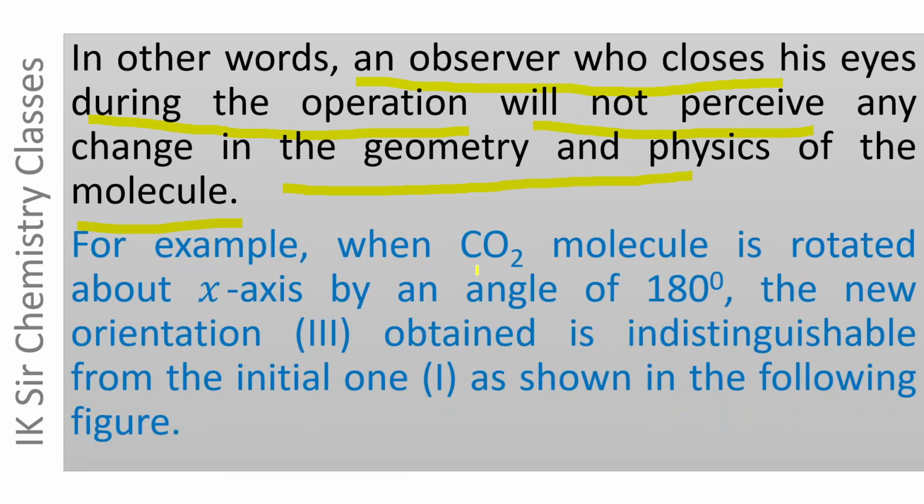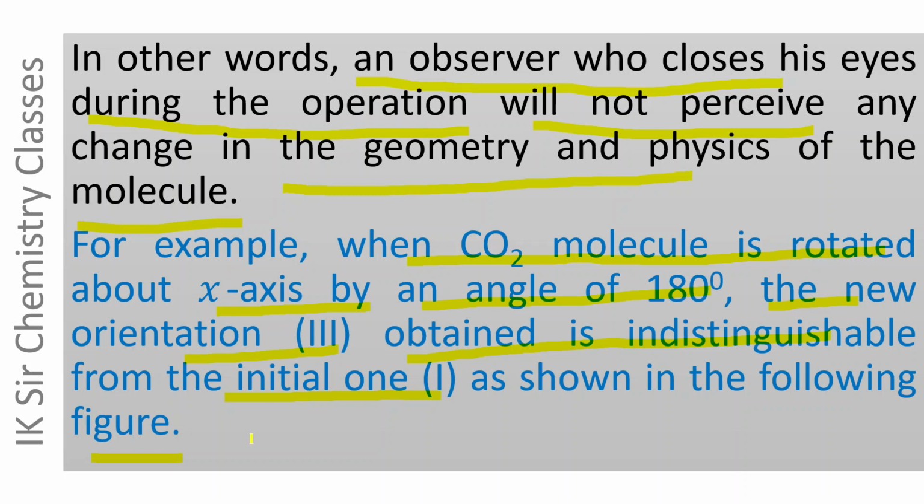For example, when CO2 molecule is rotated about x-axis by an angle 180 degree, the new orientation, that is 3, obtained in this way is indistinguishable from the initial one, as shown in the following figure.